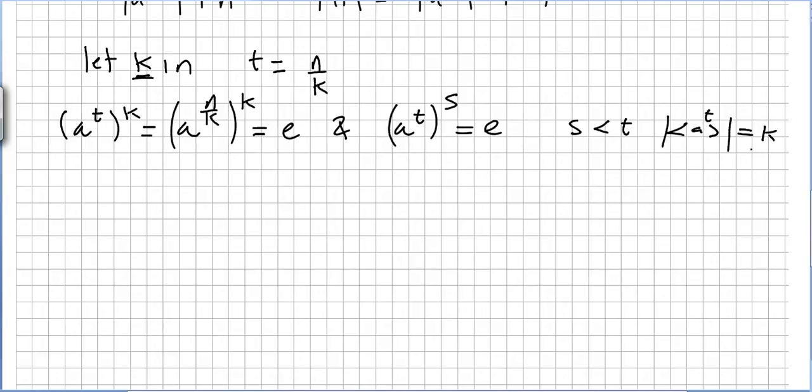The order here should be K. Let me redo it. So S has to be smaller than T, and the group generated by A to the power of T, this T here, has order K, okay?